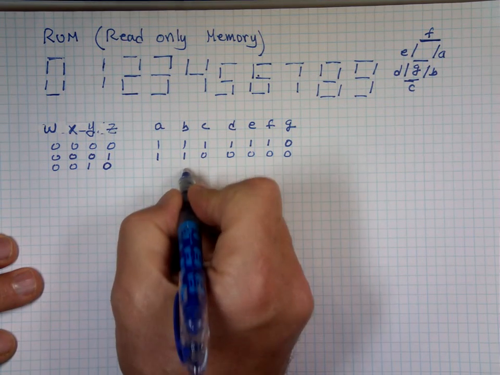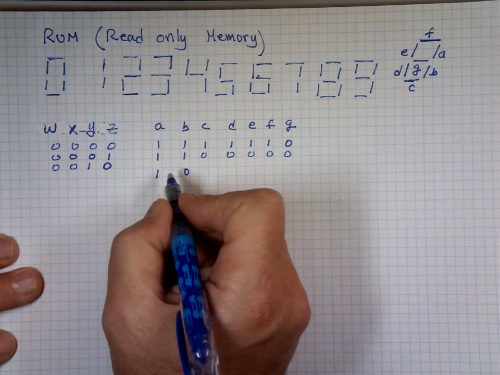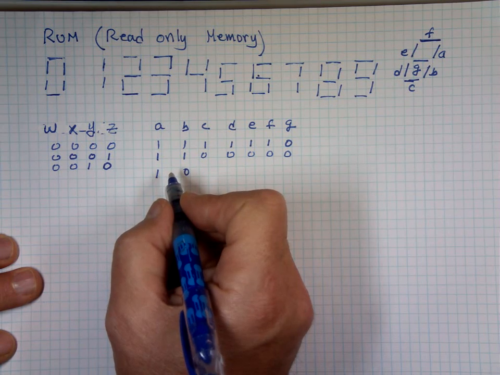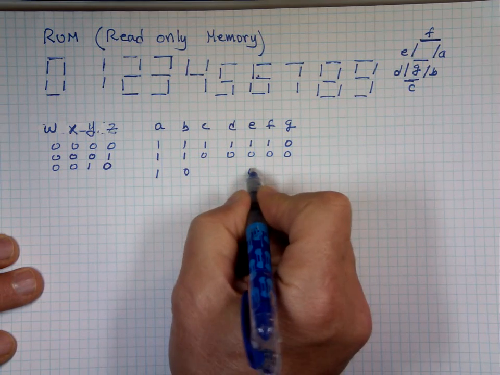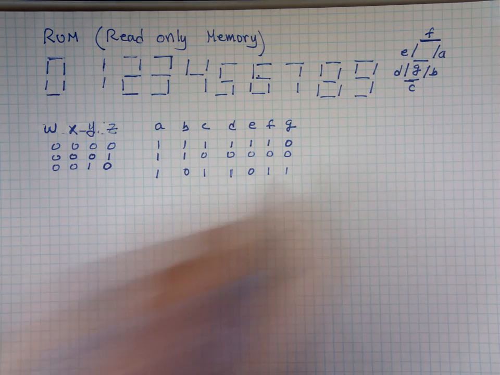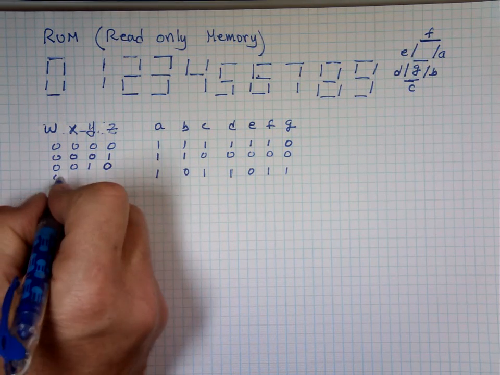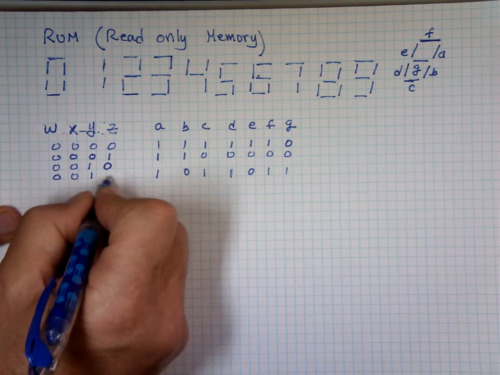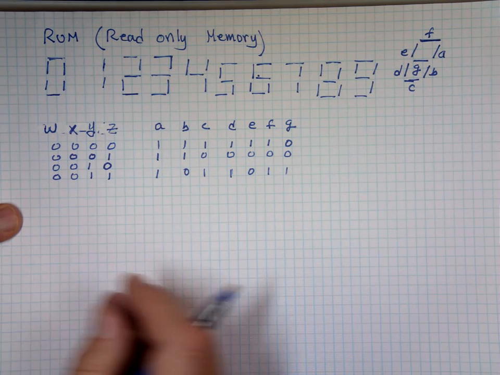B is 0. And we said, which one, the other one, 0? E. When you do 3 there, all of them are on except D and E.